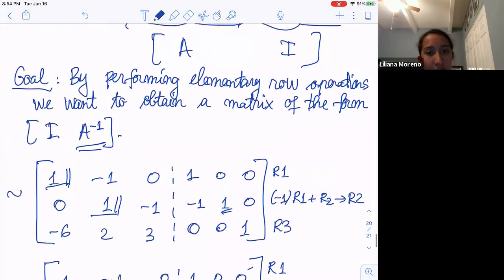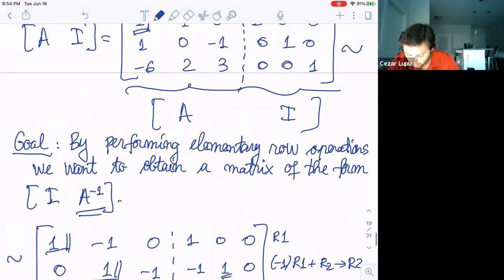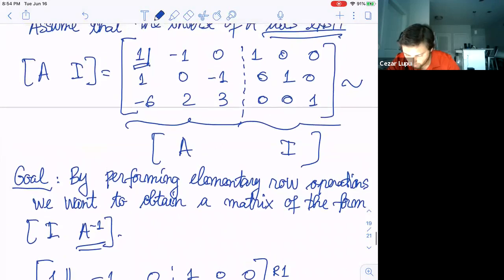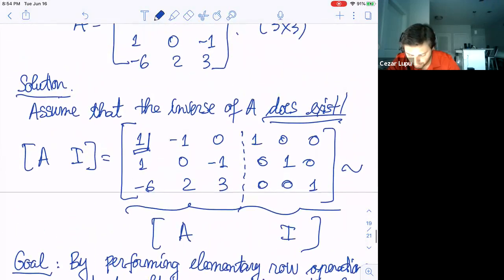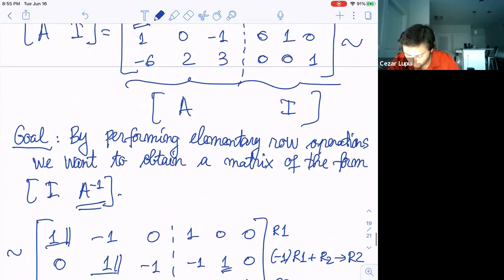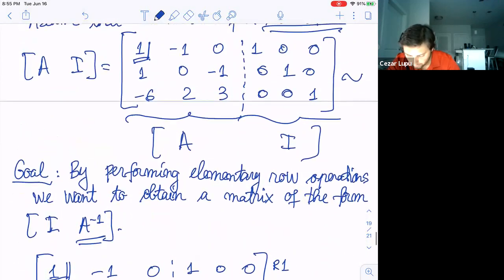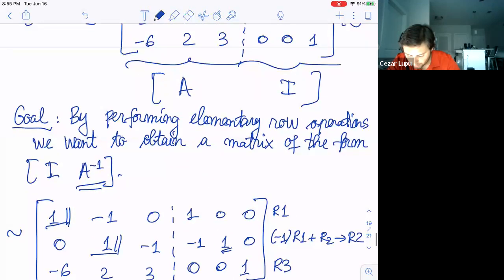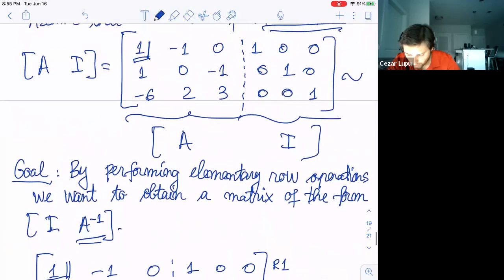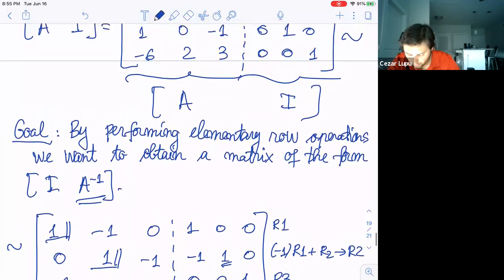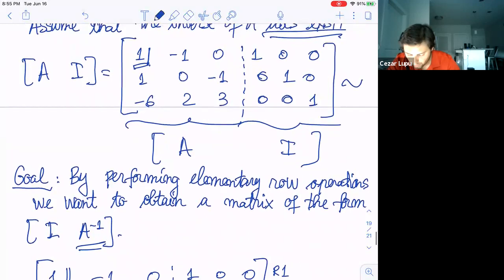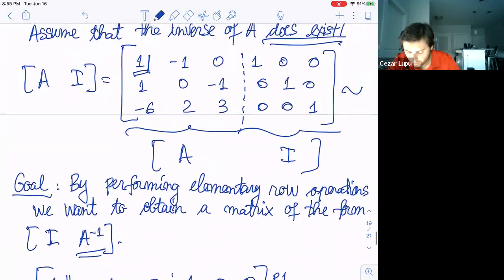Let's see. Yeah, maybe I made a mistake. Let's see. So I said that -1 times R1, and you add it to R2. -1 times R1, and you add it to R2.